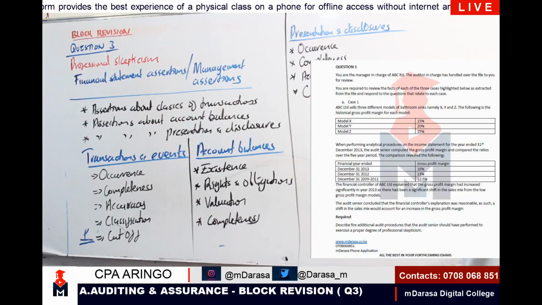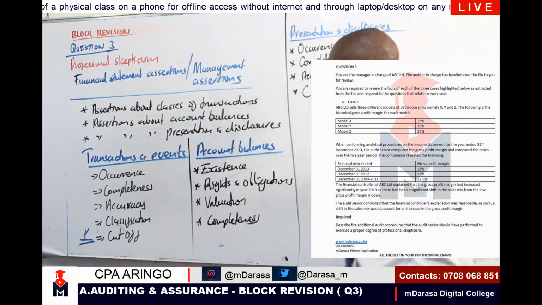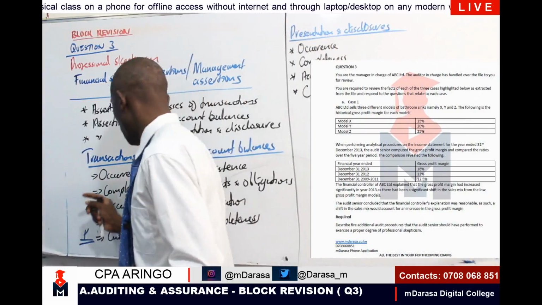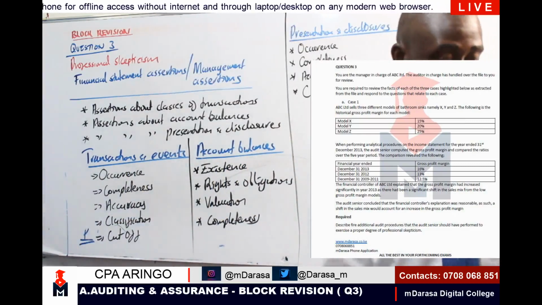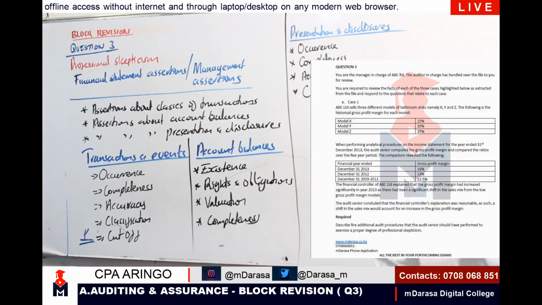So one of the procedures that we should conduct here amongst our further procedures, talk about these items. Whenever we're talking about occurrence, basically what are we talking about? Number one, occurrence.